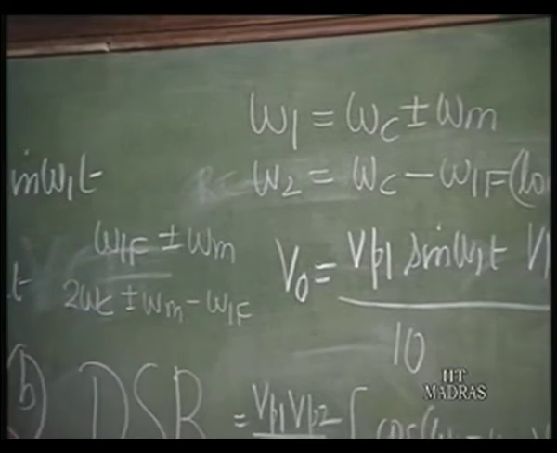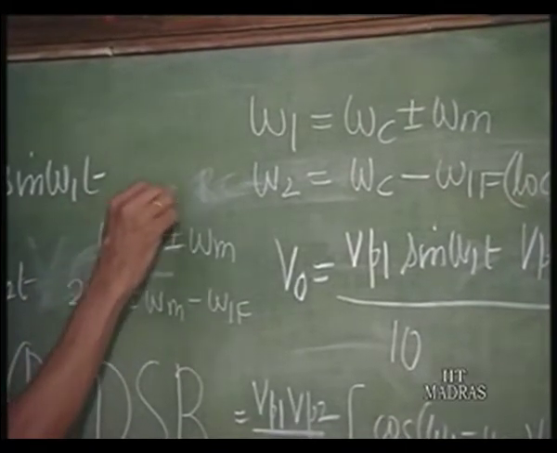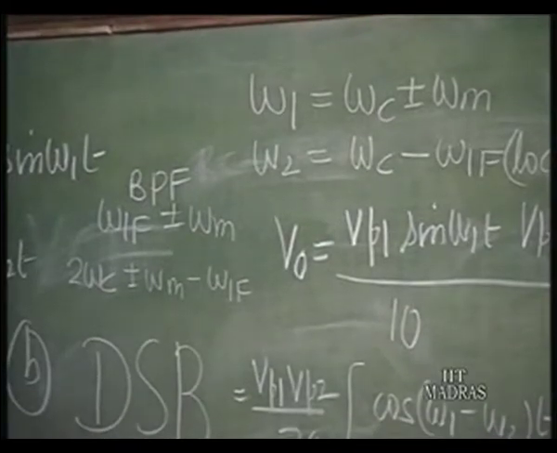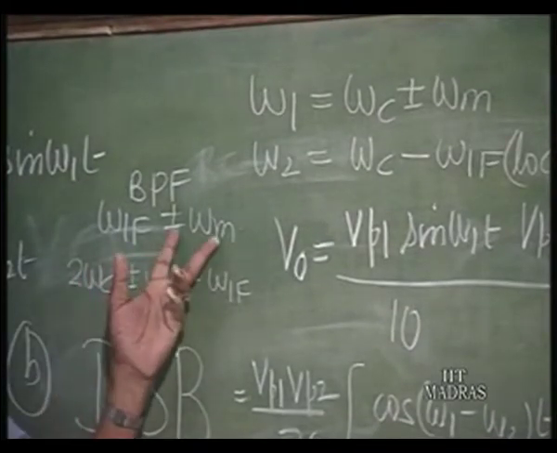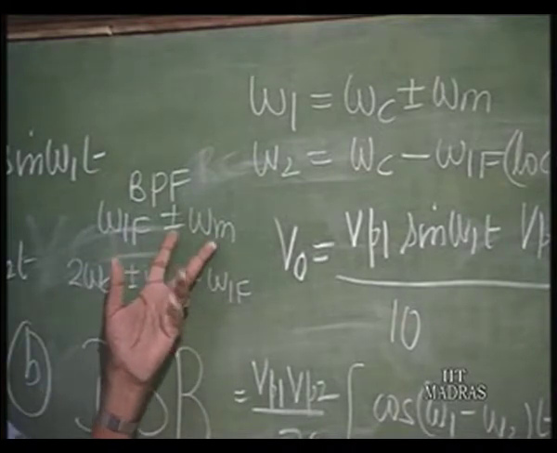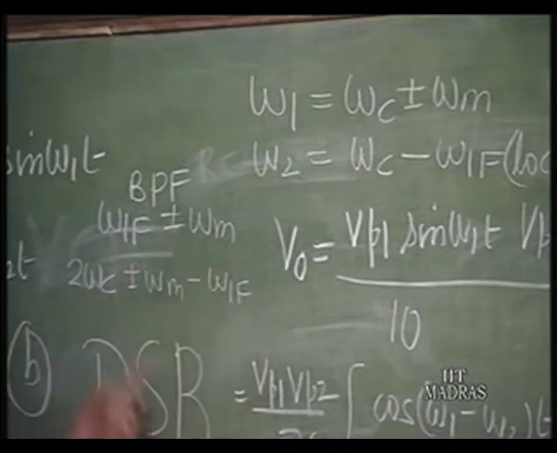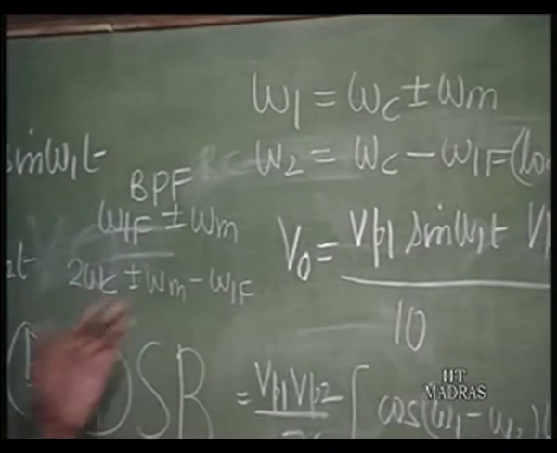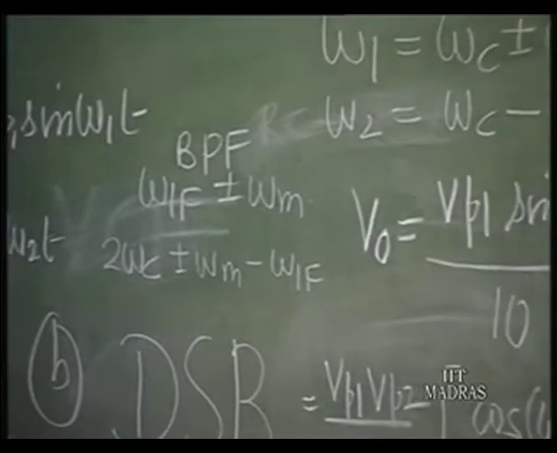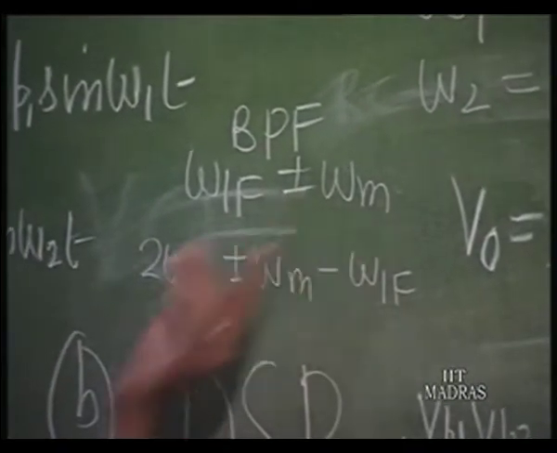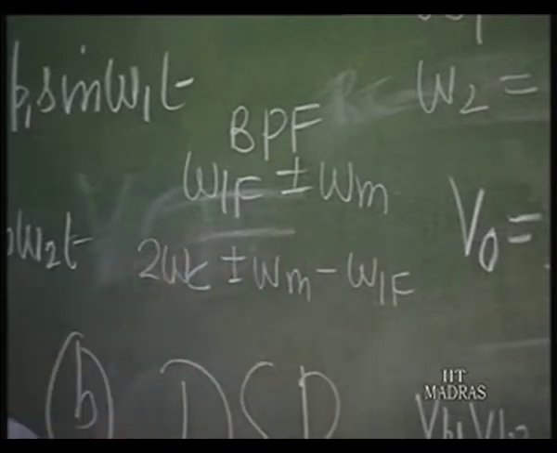So, you put a band pass filter whose center frequency is omega if, with a bandwidth sufficient for omega if plus or minus omega m max. This gets eliminated, this is a very high frequency component. So, you have now transferred the wanted information which is plus minus omega m from the carrier to if, which is a lower frequency.